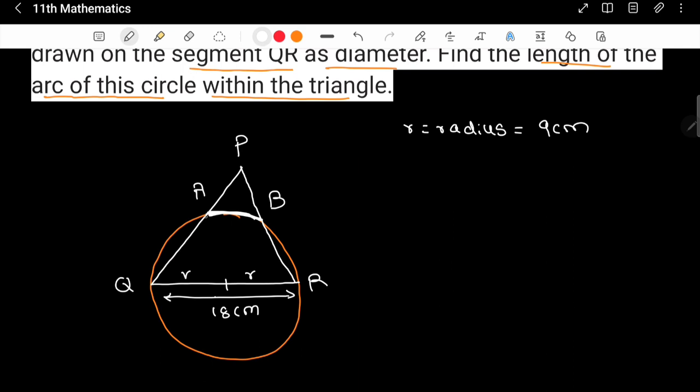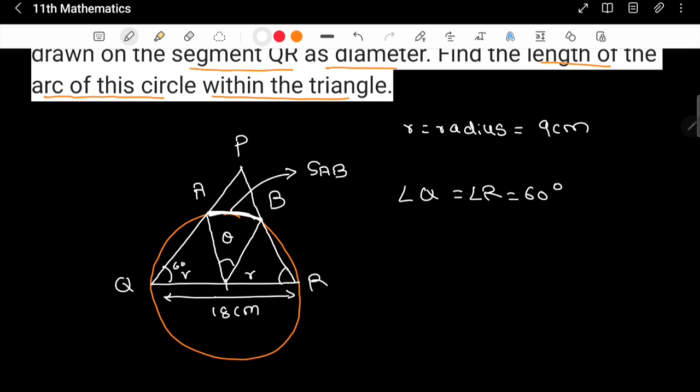Now let's connect the endpoints to the center. If we have to find out the length of the arc AB, that is S of AB, we require this angle theta, which is subtended at the center. Now this triangle is an equilateral triangle. So angle Q and angle R are equal to 60 degrees.